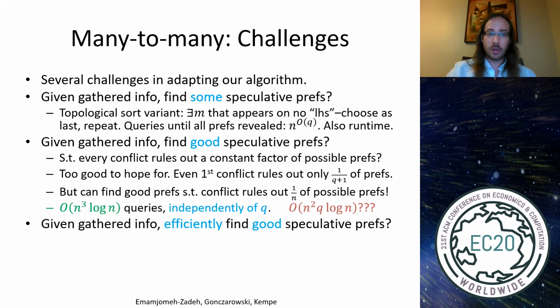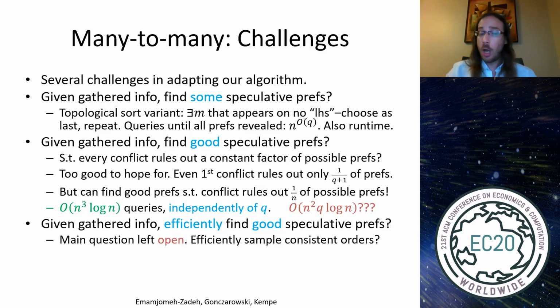Finally, given gathered information, how do we efficiently find good speculative preferences? Similarly, but dissimilarly to what we had before, a way to implement finding good speculative preferences in an efficient manner would have involved uniformly sampling an order that's consistent with all the constraints so far. We don't know how to do that, so we leave this question open.